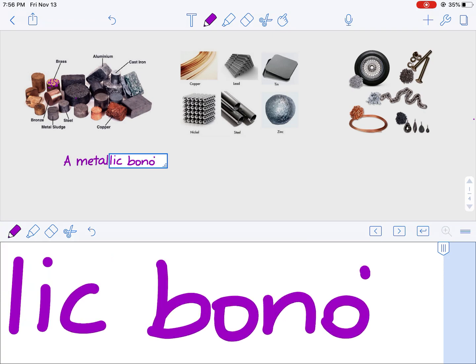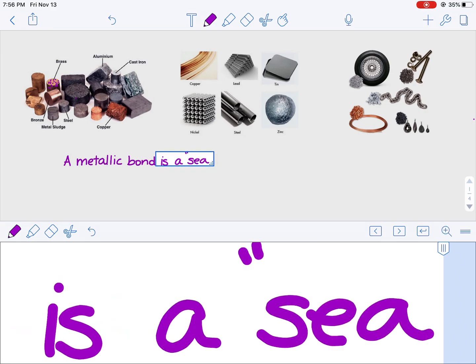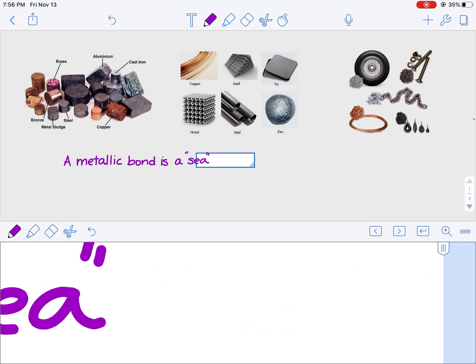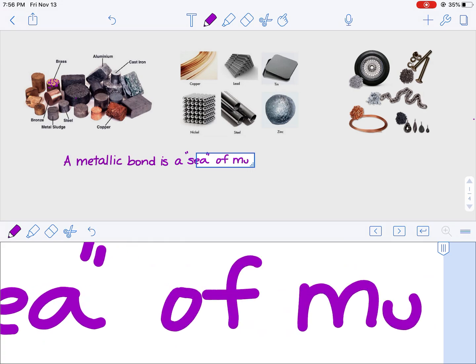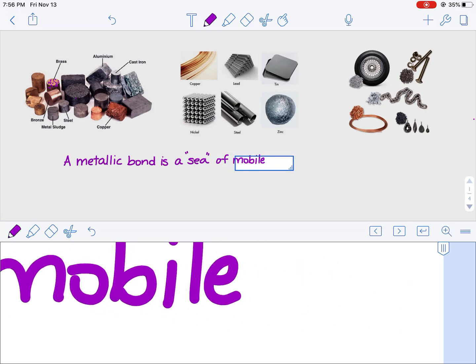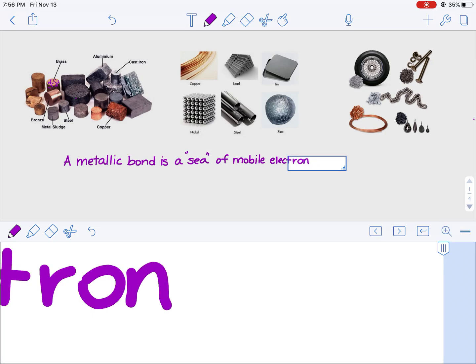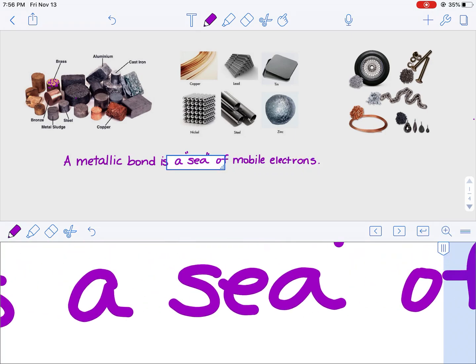A metallic bond is described as a sea, and sea meaning like ocean, of mobile electrons.